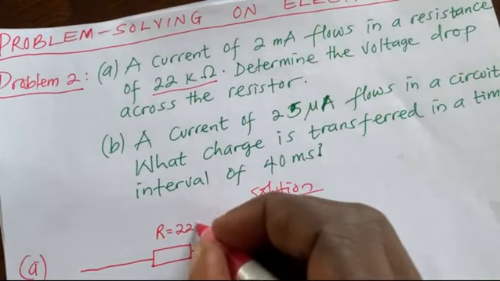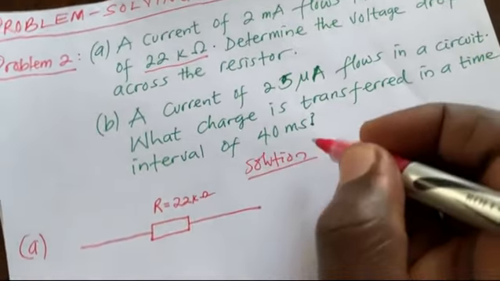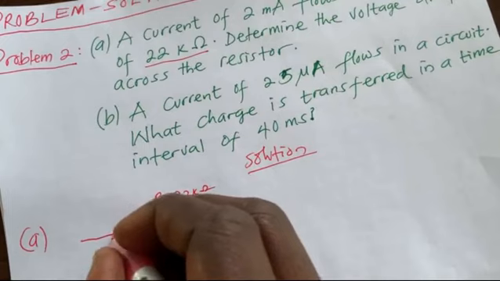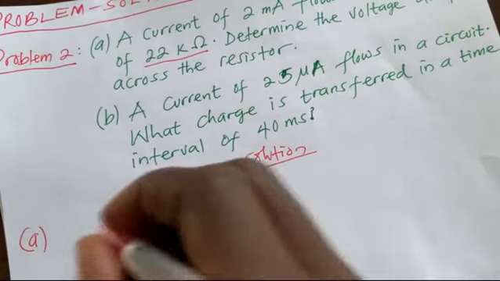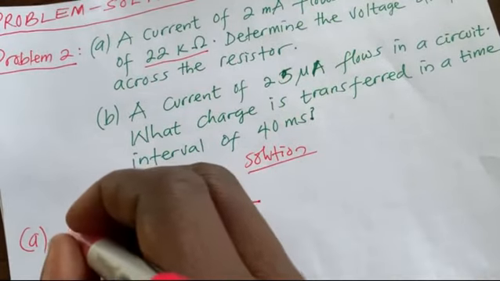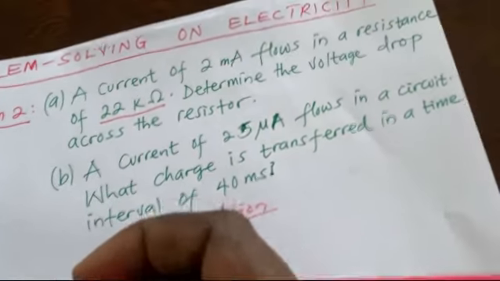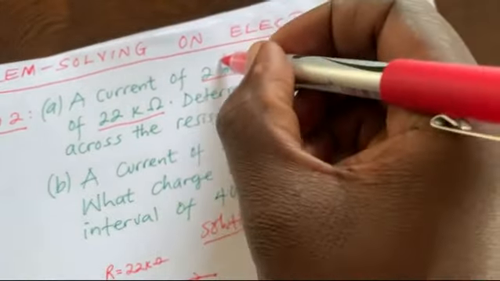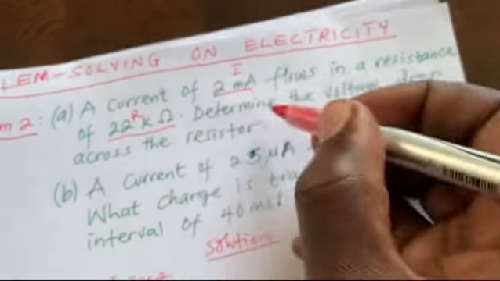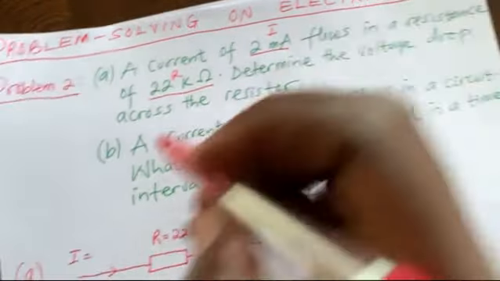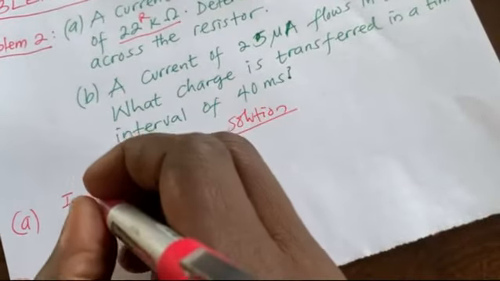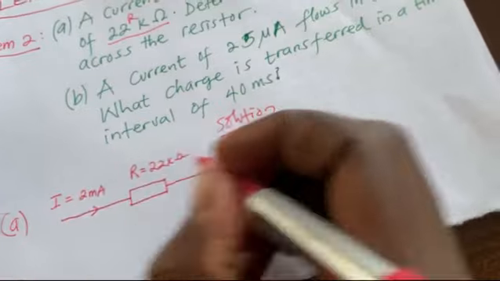Now a current enters into this resistor. This is your I, this is your R. I is given as 2 milliampere.